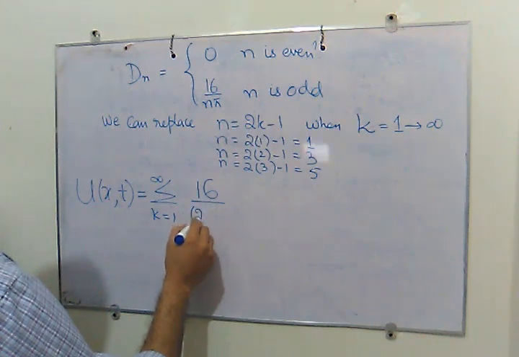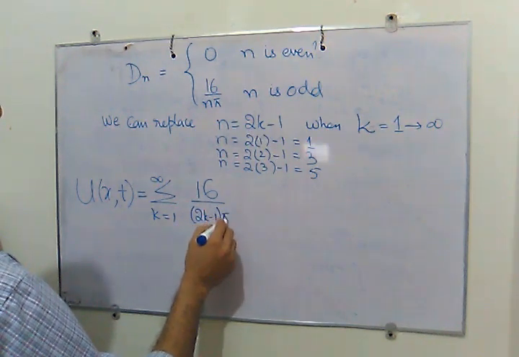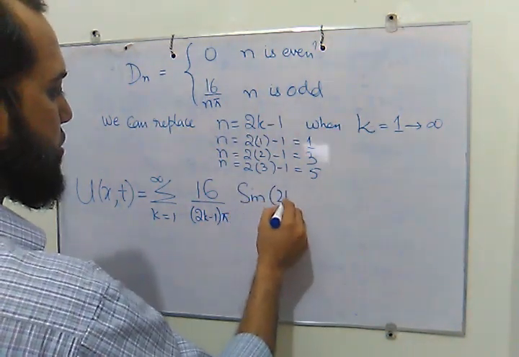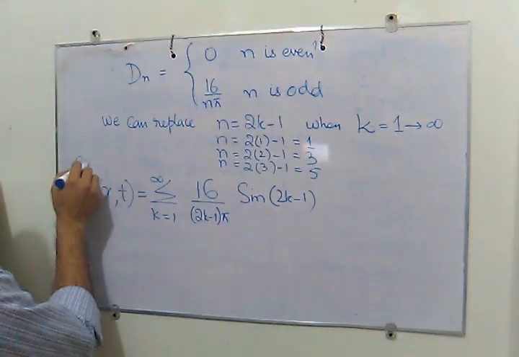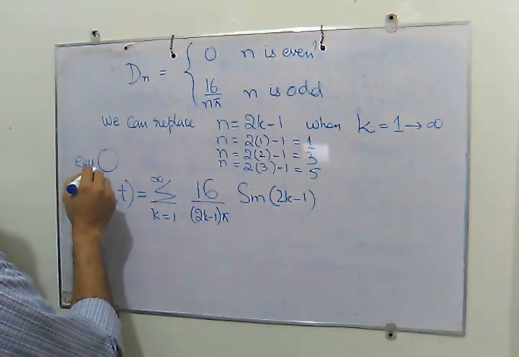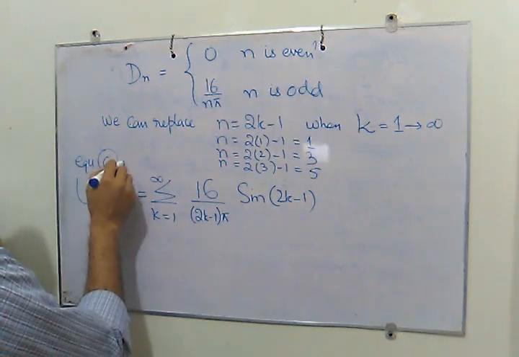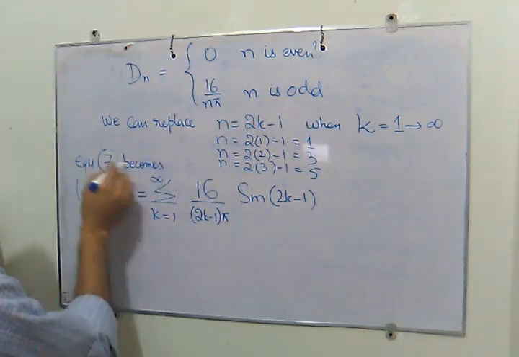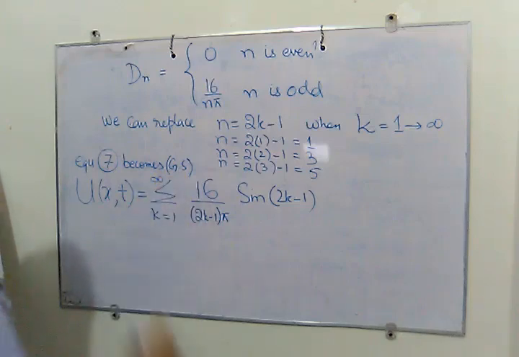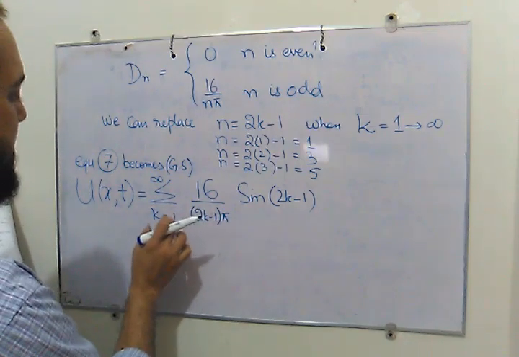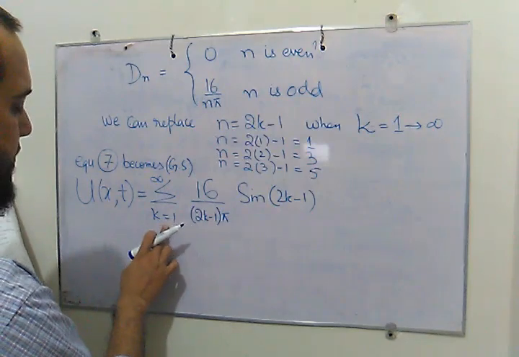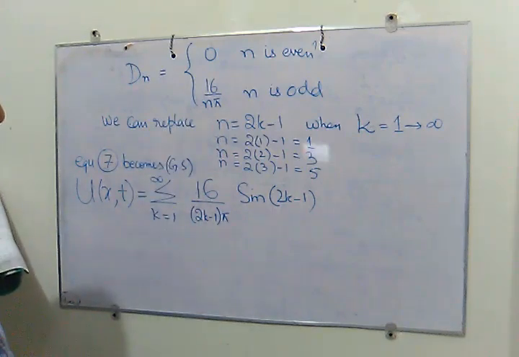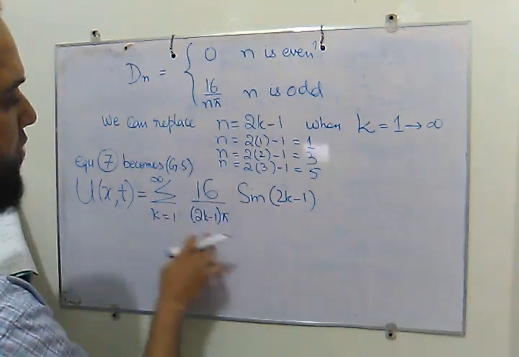We have replaced n with 2k minus 1, pi is in its place, sine 2k minus 1, so we can write that equation, it was equation 7. This was the general solution. And in the general solution we have replaced the value of n with 2k minus 1 and we put the value of dn which was 16 upon n pi. So this is 16 upon n pi, the value of the coefficient.